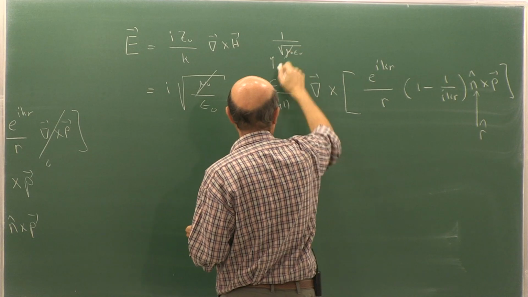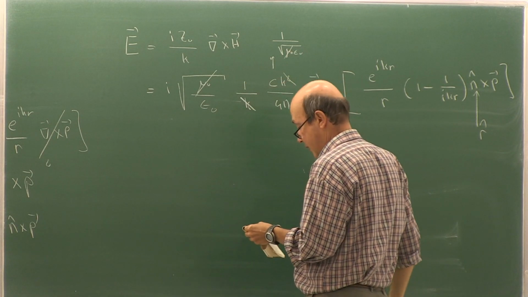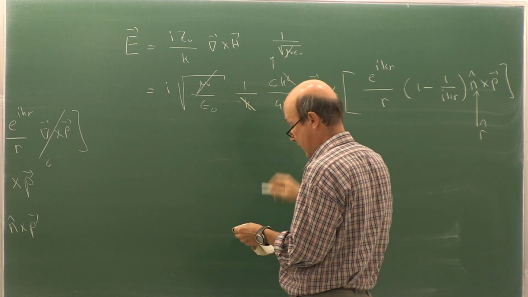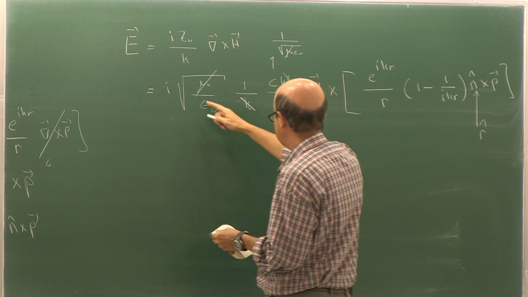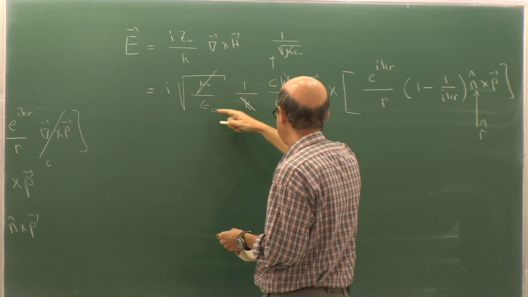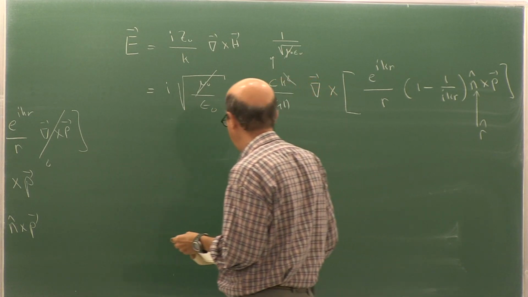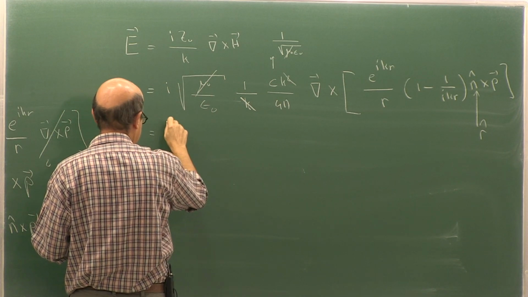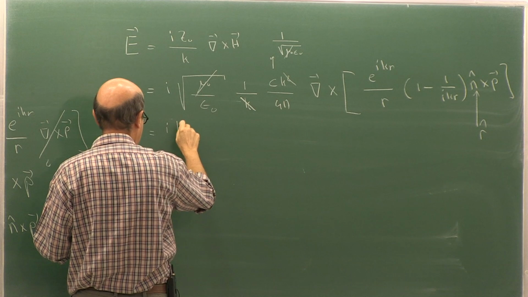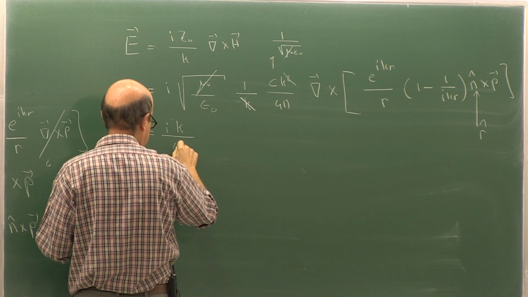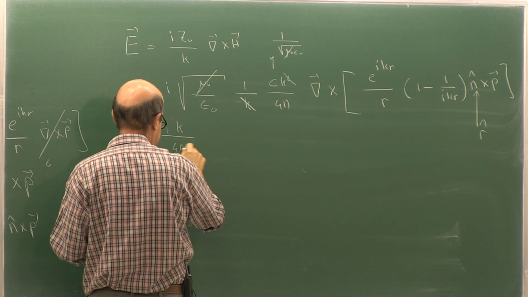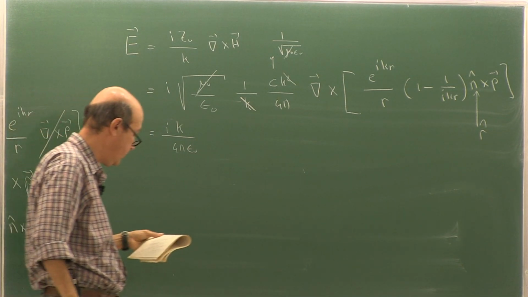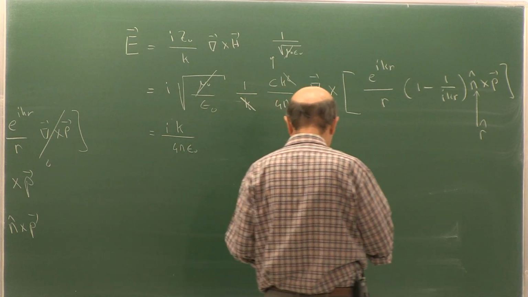The mu 0 terms will be cancelled, and what is left is i times k times the square root of 1 over epsilon 0, times 1 over epsilon 0 makes 1 over epsilon 0. So we have ik over 4 pi epsilon 0. So we pick up the 4 pi epsilon 0 term in standard units.